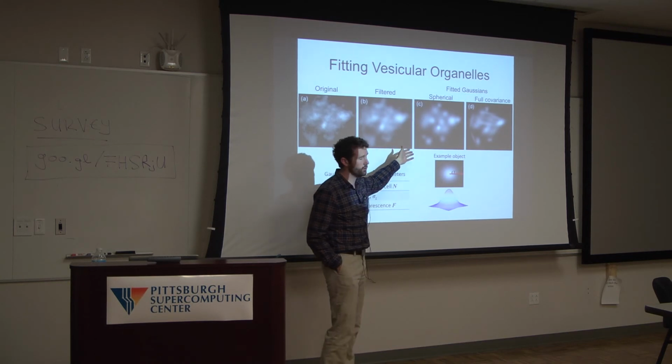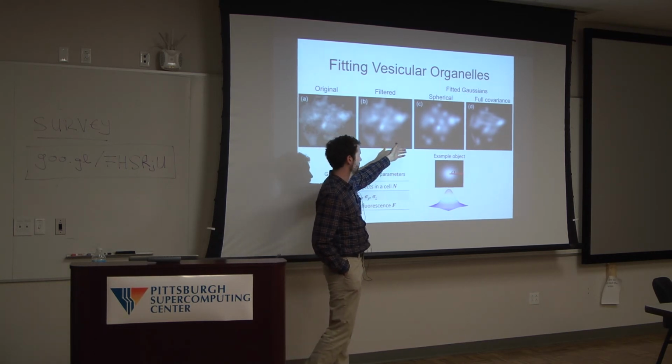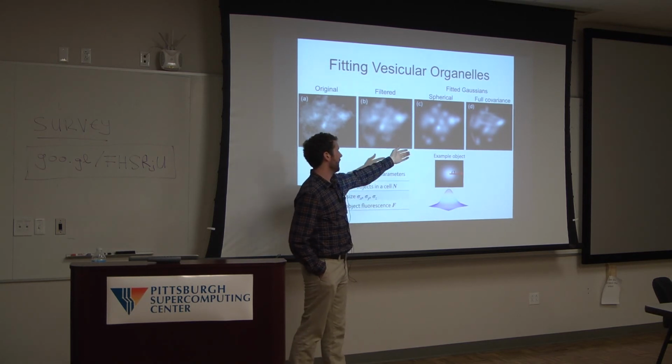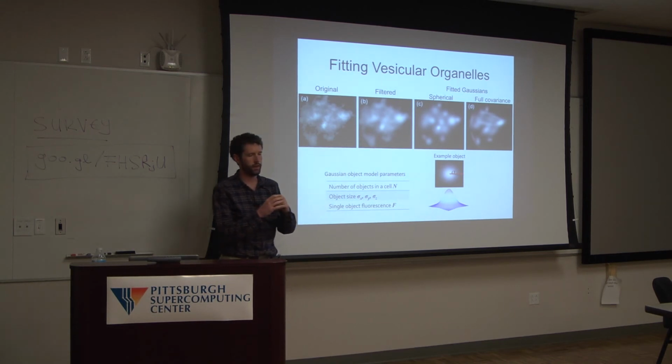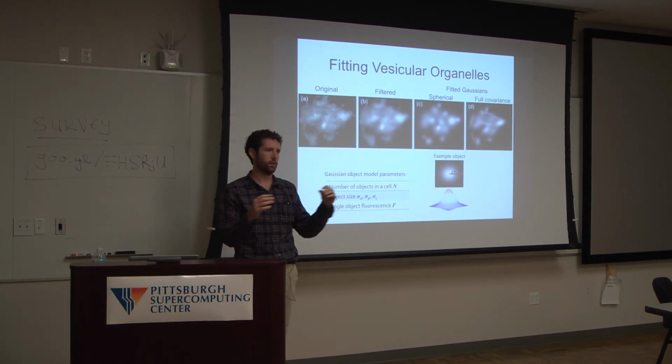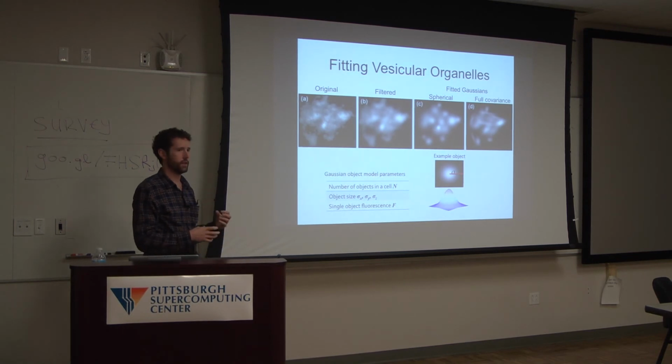So on the left is the one that Bob showed. That's actually using spherical Gaussians, and on the right is using the full covariance. So in other words, we allow now elongated Gaussians to be fit, so that not all your vesicles have to be spherical. All right.